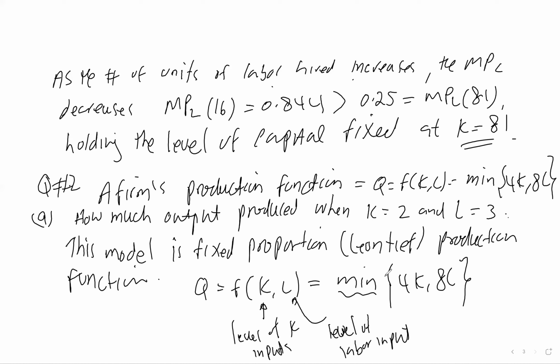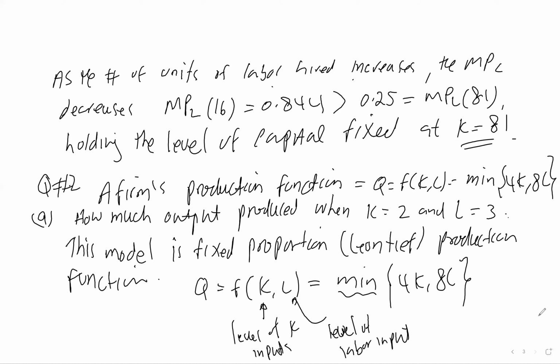And constraint means that if one of them is more than the other, like let's say we have too much capital and not enough labor, or we have too much labor and not enough machines, then that means we will not be able to produce as much. So that's what we mean by a Leontief production function. I hope this helps just a little bit.